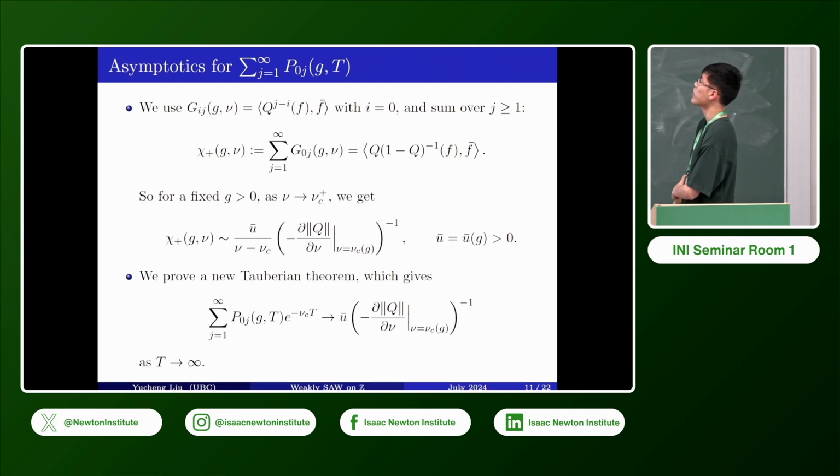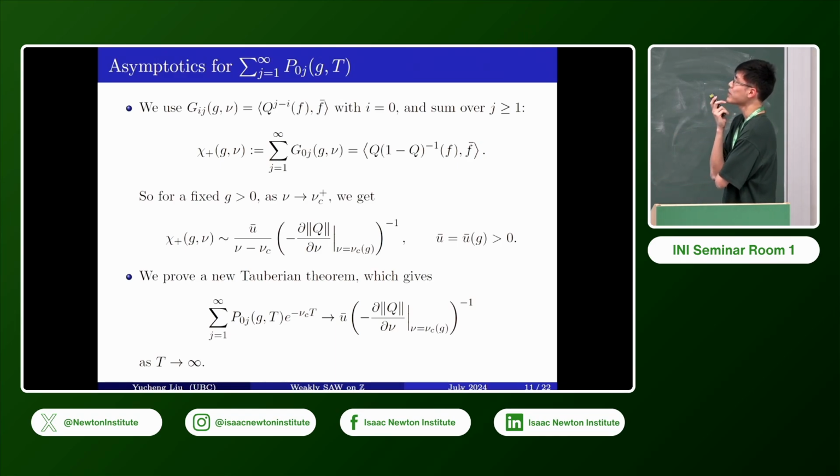So to get the asymptotics, as I said, we sum up to get the chi. This is the sum of the G's. And for the asymptotics, since F is regular at the critical point, what we get is just this linear divergence in this (1 minus Q) inverse. So what we get for the asymptotics as nu goes to nu_c is some constant over nu minus nu_c.